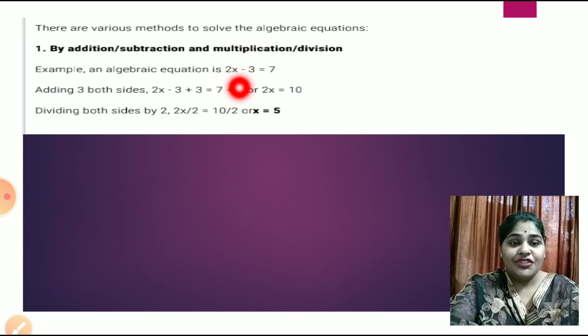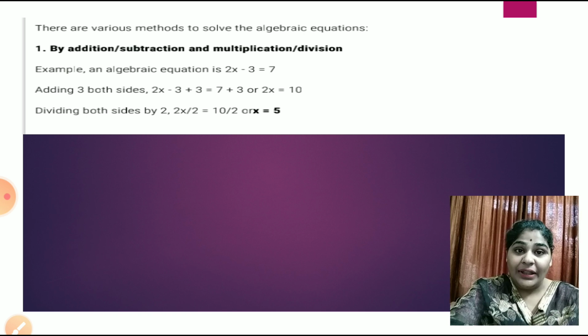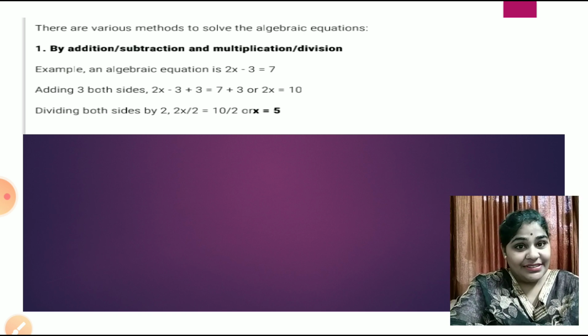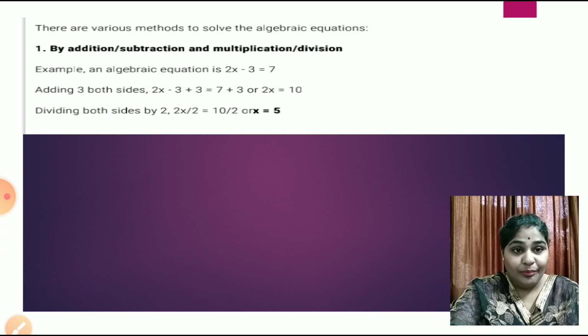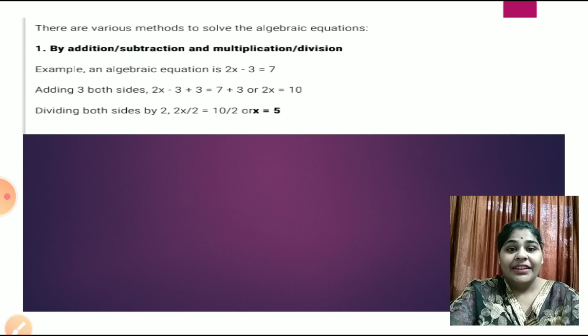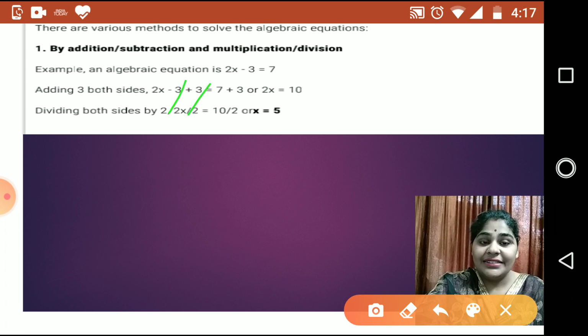For example, here it is 2x minus 3 equal to 7. Now what we do is, one by one we cancel the constants present with the variable. Here on the left hand side it is 2x minus 3. So if I add 3 to both sides, plus 3 and minus 3 get cancelled and only 2x remains on the left hand side.